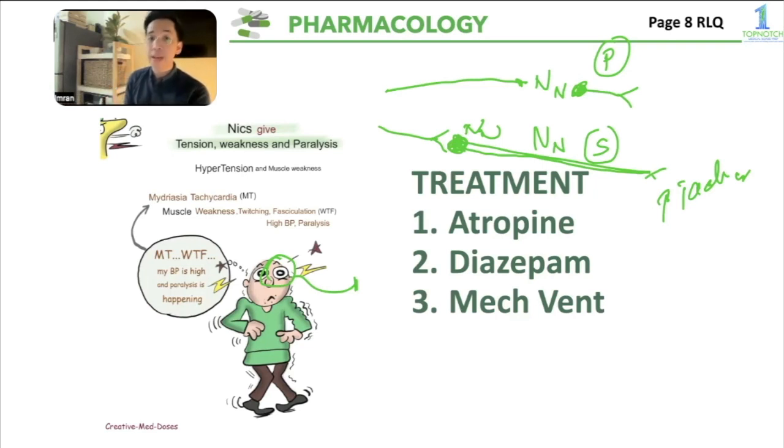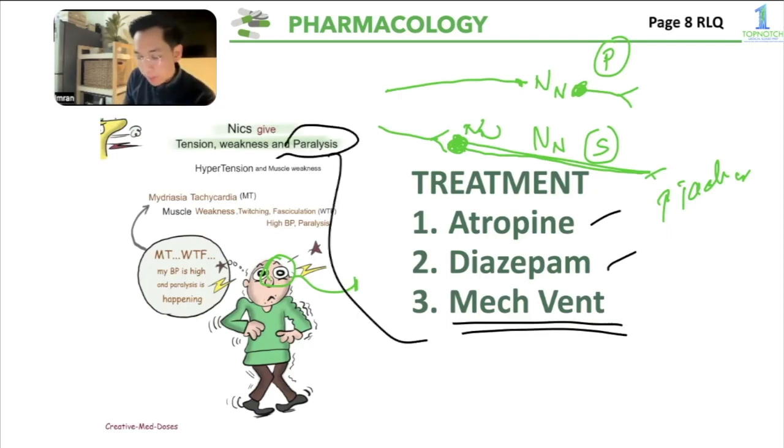And the treatment for that would be your atropine. Okay? Your atropine to counteract the nicotinic excess, plus diazepam, no, for the CNS reactions, and mechanical ventilation for some patients na nagkakaroon ng paralysis. And remember, 'di ba, sabi natin, it can paralyze your muscles.